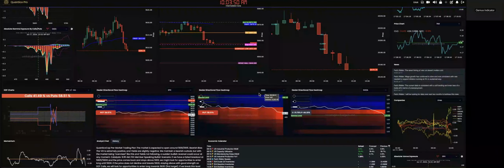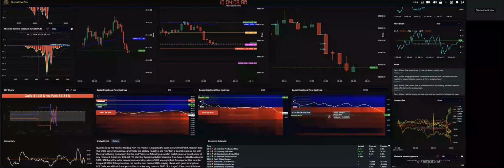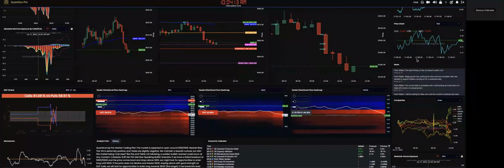Nasdaq is also entering deeper on a selling area, and NVIDIA is also entering deeper on a selling area. So the DDF is negative for everyone, for SPX, for Q, for SP500, for Nasdaq, and for NVIDIA, right? The DDF is negative. Things are going bad.